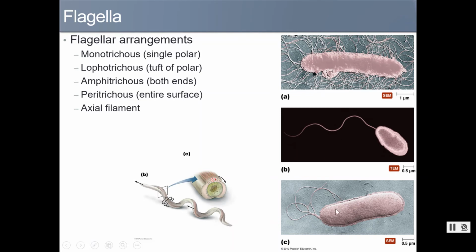There's another version called lophotrichous, where you have multiple flagella coming out of a tuft at a polar end. Lopho means tuft. I kind of think of lopho as a Dr. Seuss word, like those truffula trees, so that's how I remember this one. Paratrichous, perimeter, monotrichous, one.